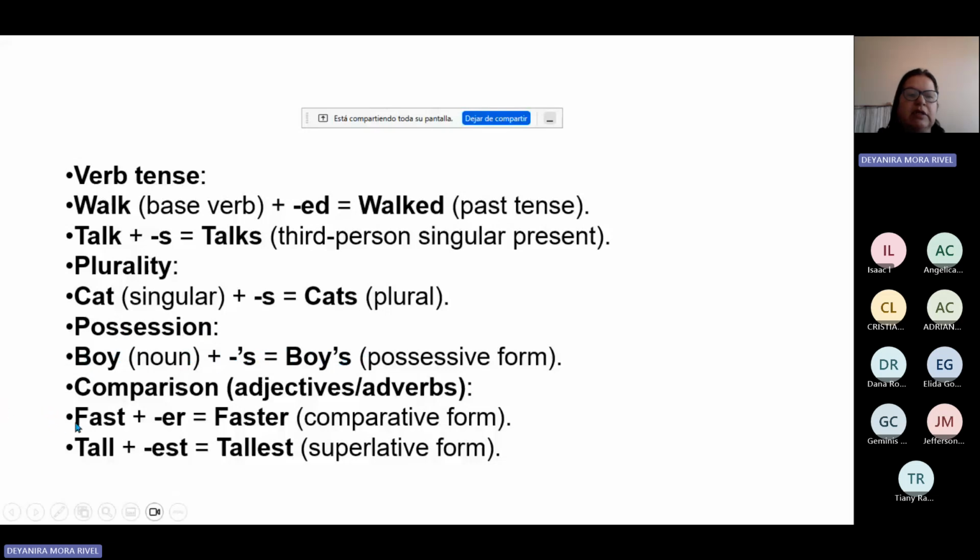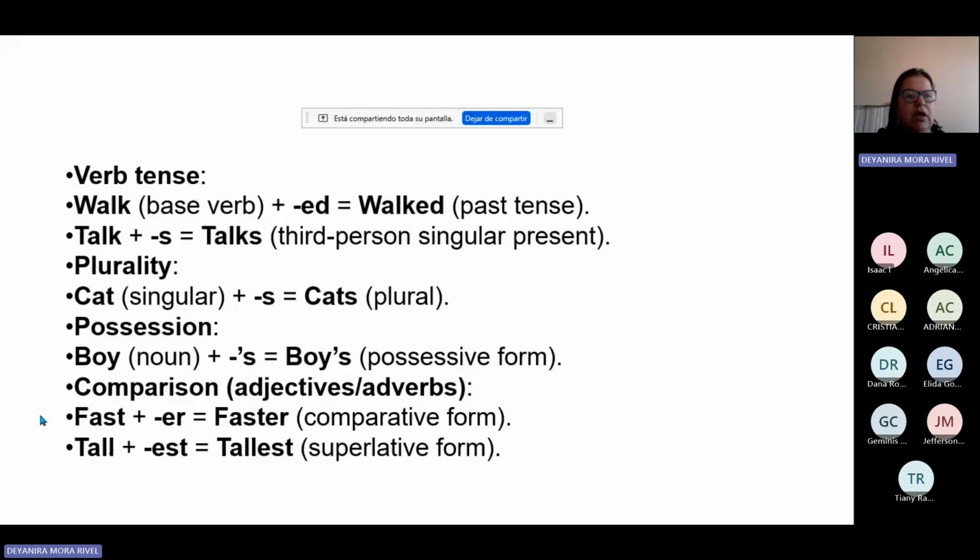And comparisons like the comparative er or the superlative est are also bound morphemes, but they do not change the category, or the type of word. Faster is still an adjective, and tallest is still an adjective.